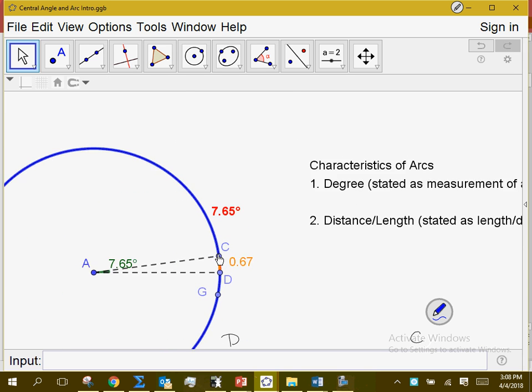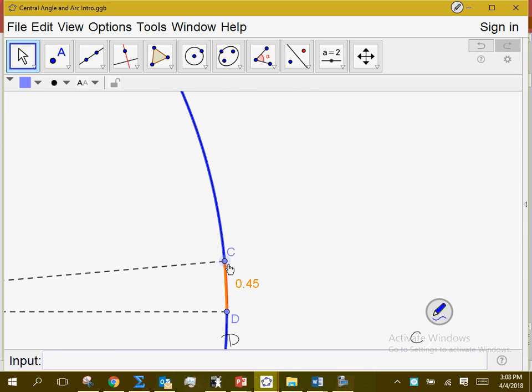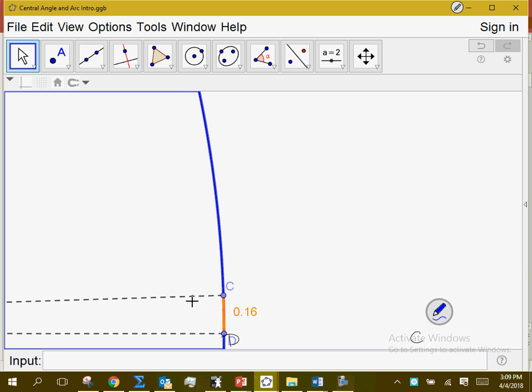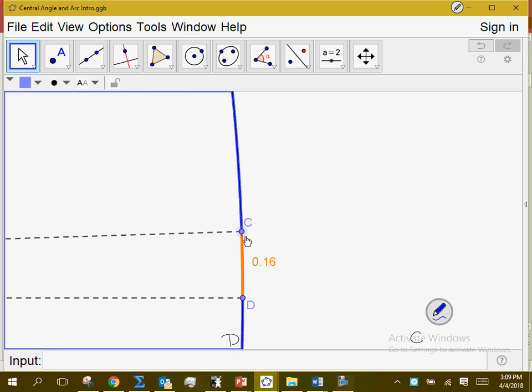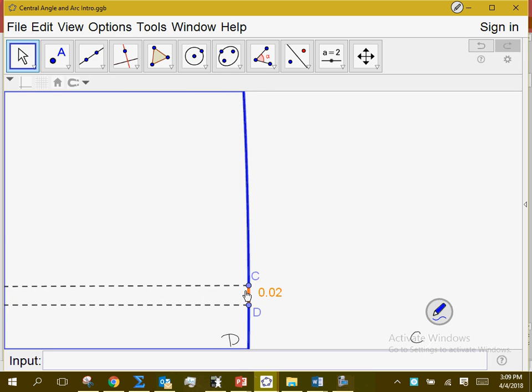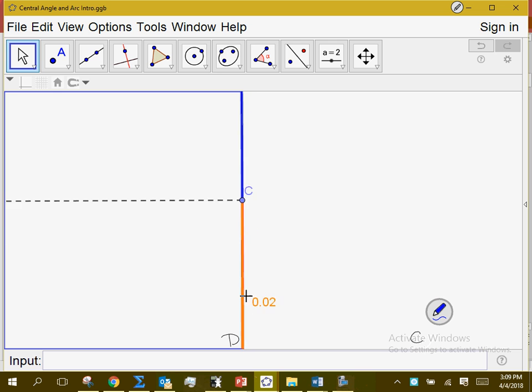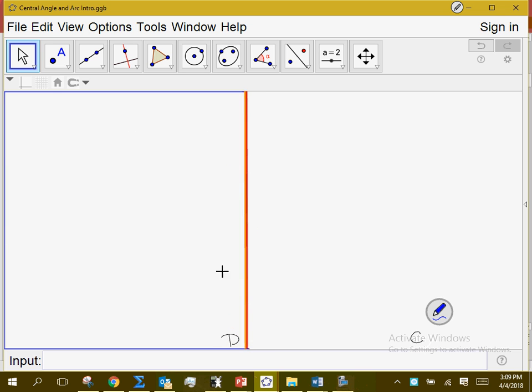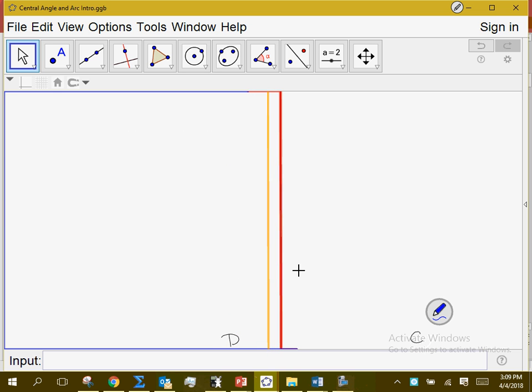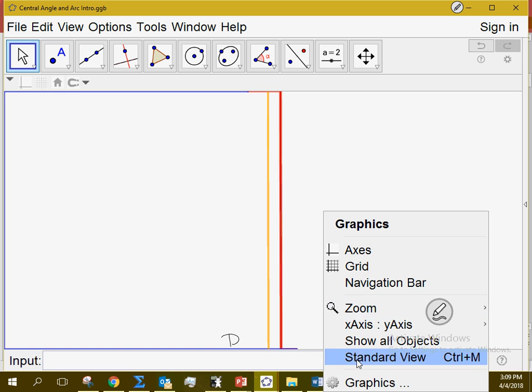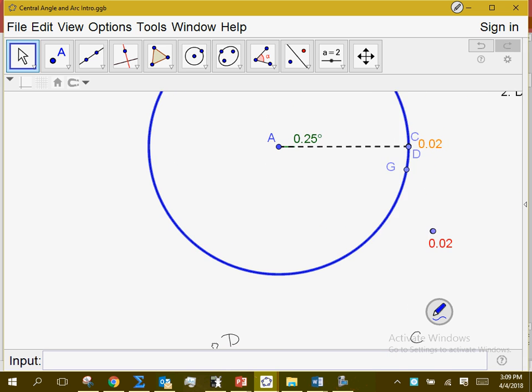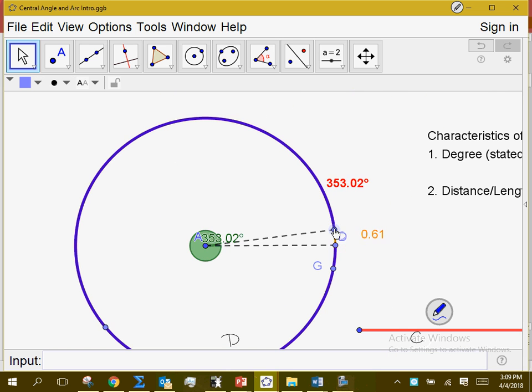Zoom in here. C and D are very, very close together, but there is still a gap between the blue line and the red line, the chord. That's the chord. That's the arc. So as long as C and D are not the same point, we have a chord.